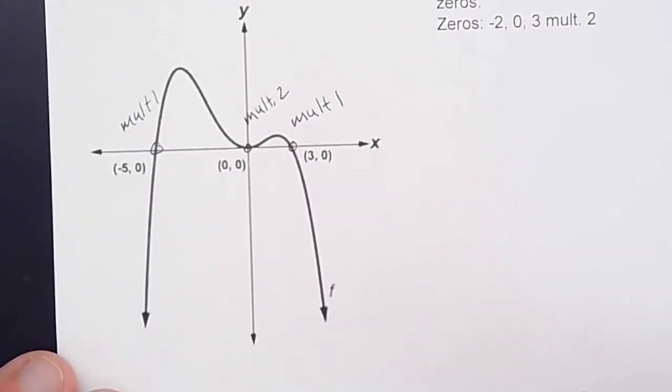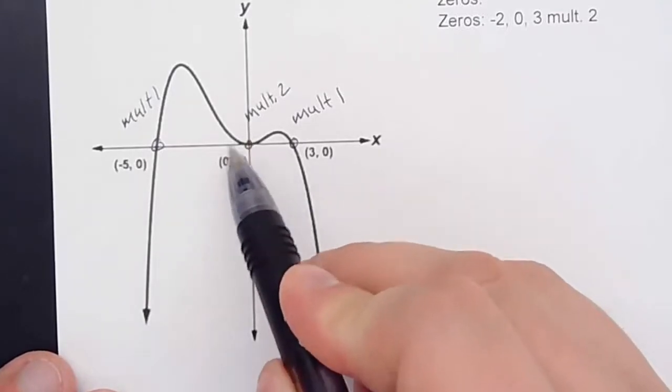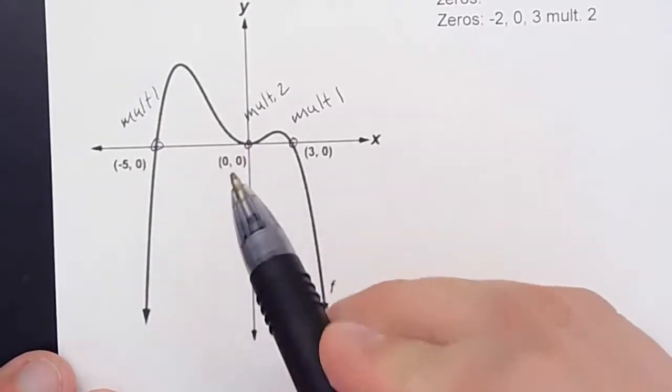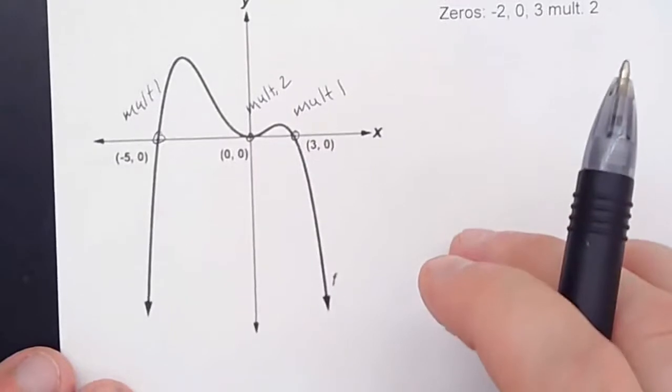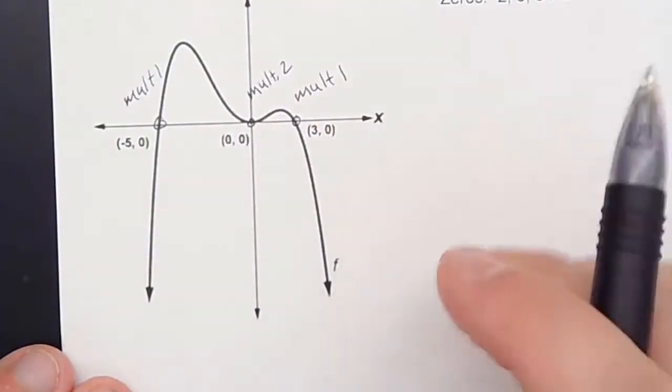Now to put this in factored form, normally we put the zero at 0 out front, and it has a multiplicity of 2. And also let's keep in mind our leading coefficient is negative.